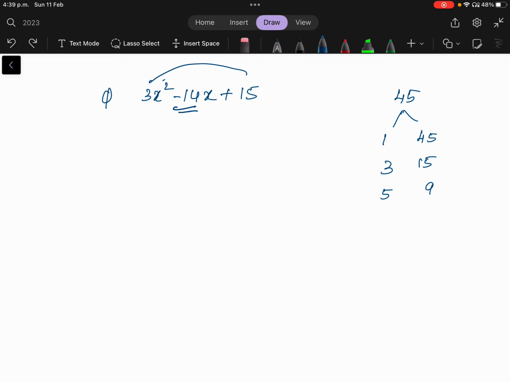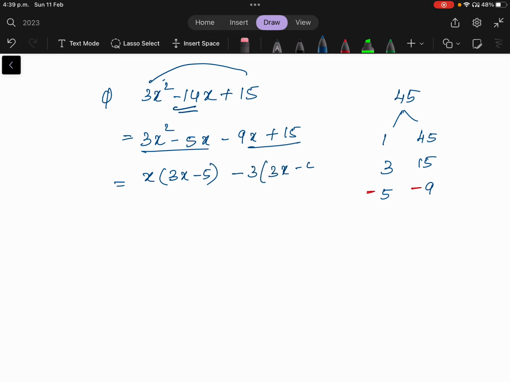But remember, since there's a minus, you have to have minus 5 and minus 9. So I'm just going to rewrite this as 3x square minus 5x minus 9x plus 15. And here x is the common factor, so it is x times 3x minus 5. And here 3 is the common factor, so it is 3 times 3x minus 5. That is equal to 3x minus 5 times x minus 3.